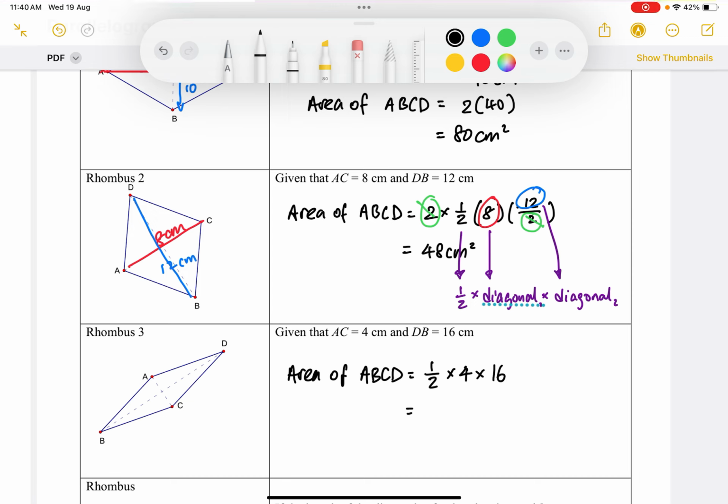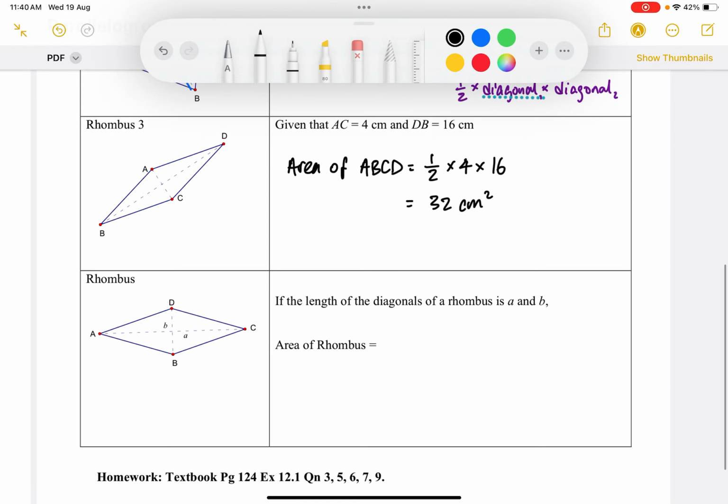So 2 times 16 gives us 32. So the area of a rhombus, our summary, is half times diagonal 1. They listed the first diagonal to be A, the second diagonal to be B. So that makes it easier for us to write half AB.